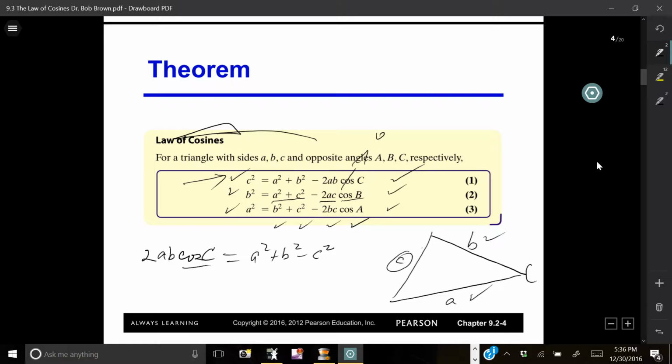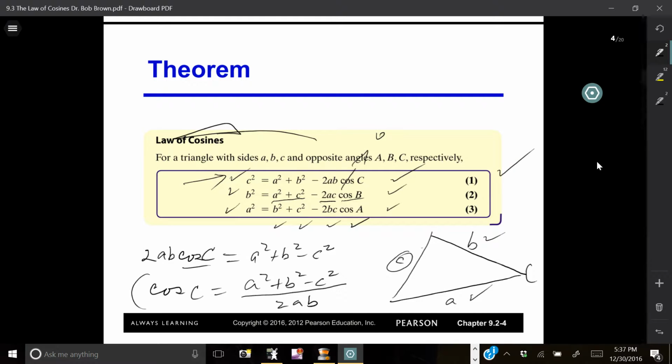And so cosine of C is equal to a squared plus b squared minus c squared divided by 2ab. And this is just another form of equation 1, which allows you to solve for an angle C if you know the other sides.